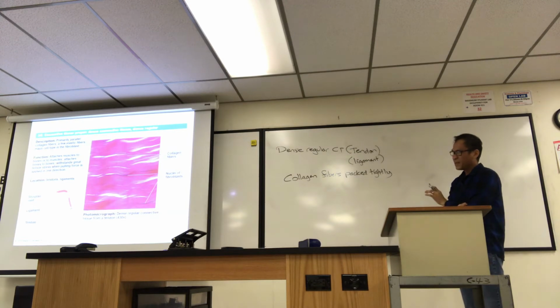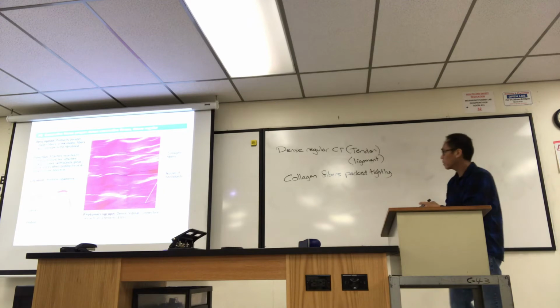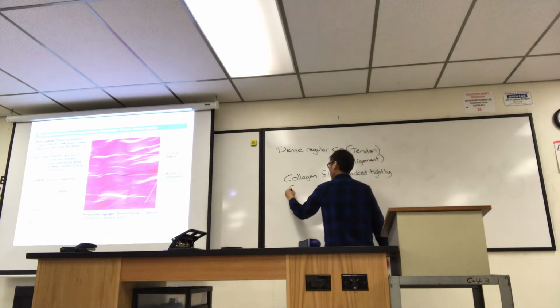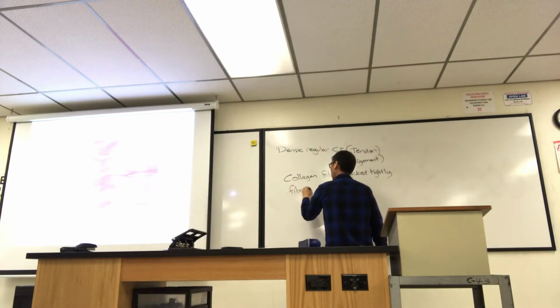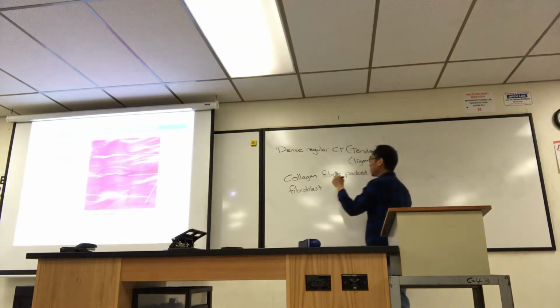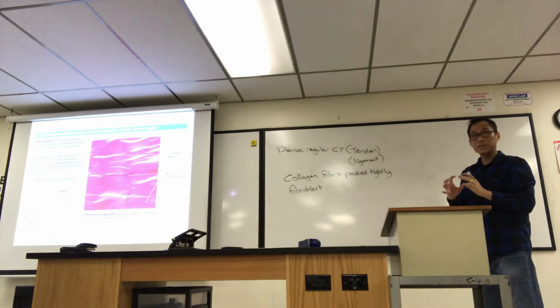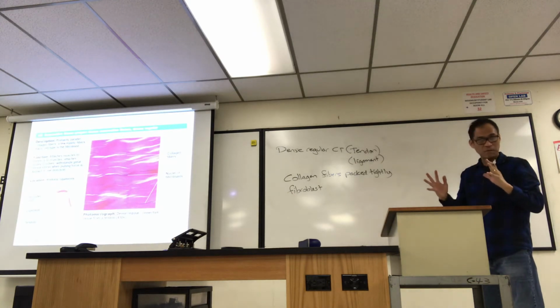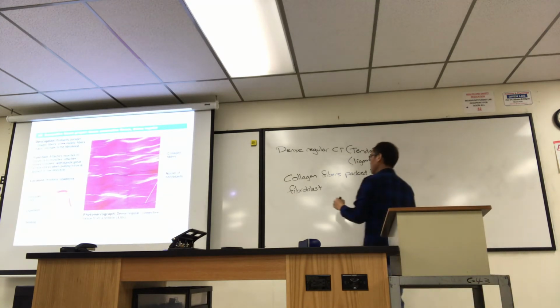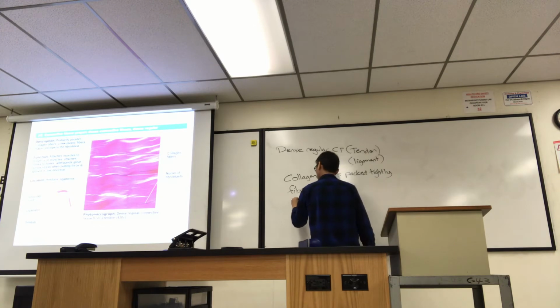You may see the nuclei of the fibroblasts, but they're few and far between. I'll put fibroblasts as well. Like I said earlier, the function of this kind of tissue is to resist tensile forces, stresses, resist tension.